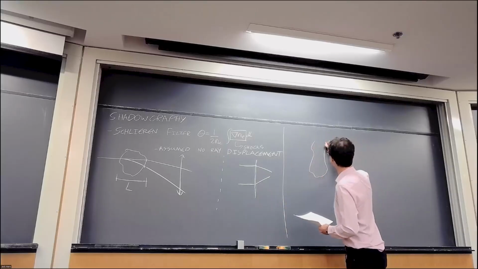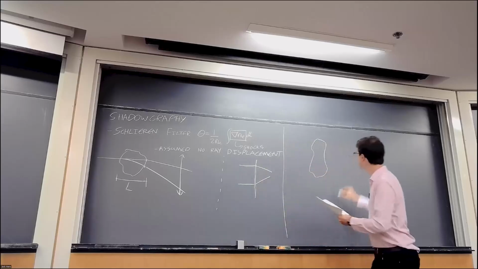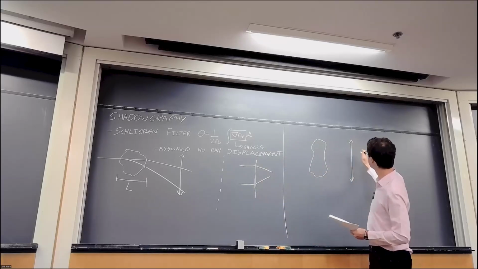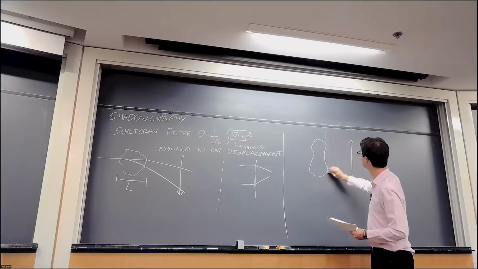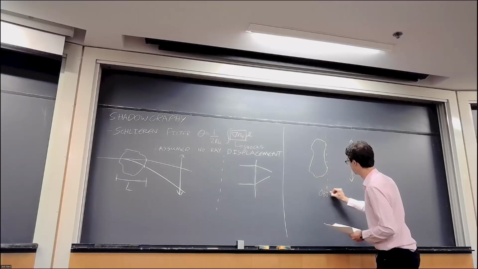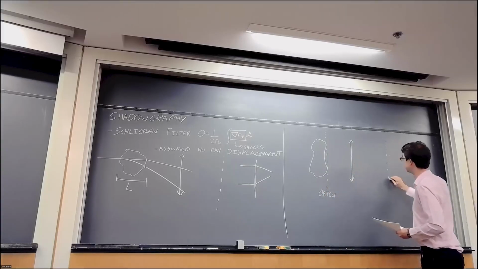Here's my plasma again. I'm going to have a lens here. I'm going to set up my lens such that it brings into focus rays from this object plane onto some image plane back here.